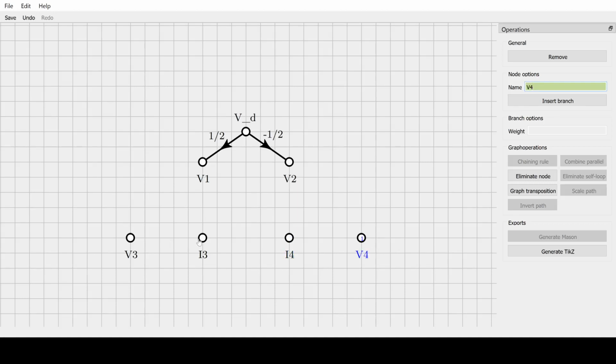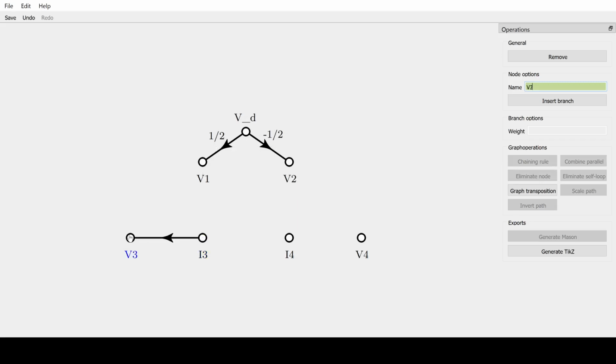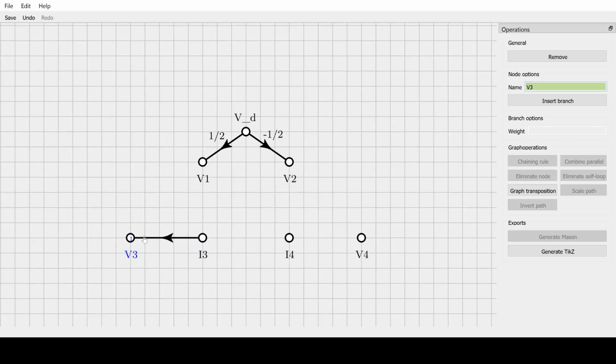And then, because they have magic sources, they will have the 1 over Y3 and here 1 over Y4. I save this as OTA.